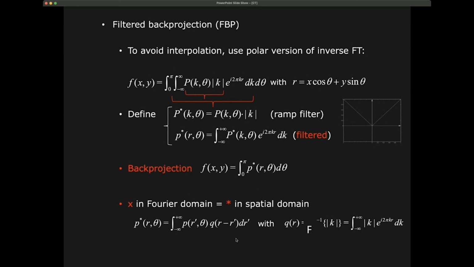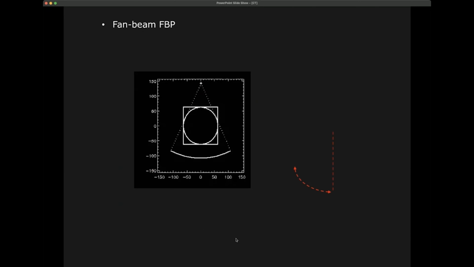Then we don't need to do this interpolation. As I said before, we will practice a little bit on this in the practica. So this is what is done predominantly in most CT scanners. We measure the projections, do a fast Fourier transform, filter the projections, and then do an inverse Fourier transform, and then we get the reconstructed image.